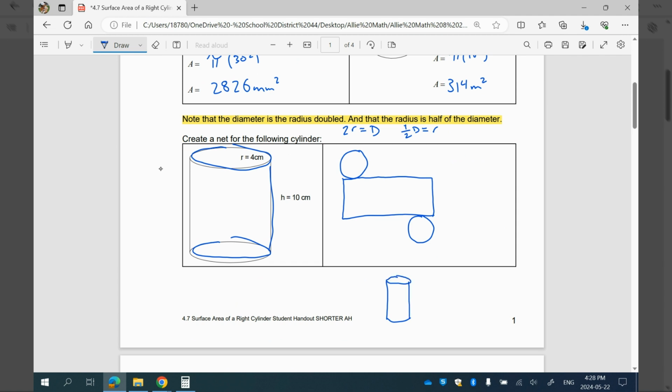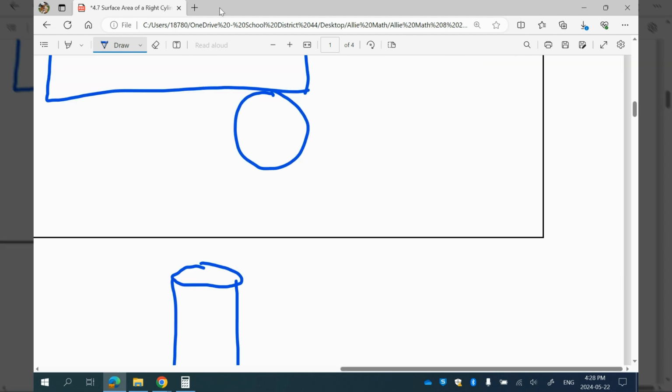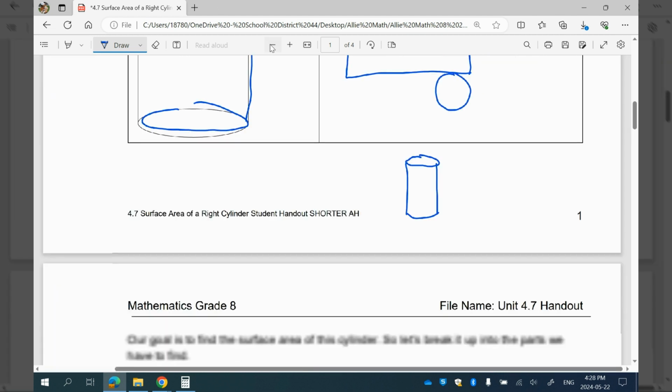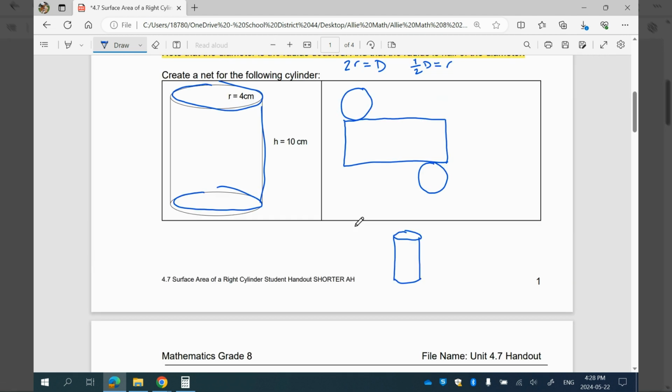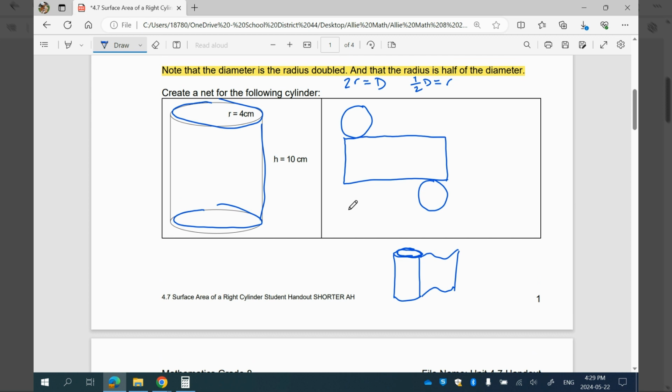Here's the can. And if you pull off the label, it looks something like this. It would end up being a rectangular shape that goes around the outside of the can. So the net looks something like this.